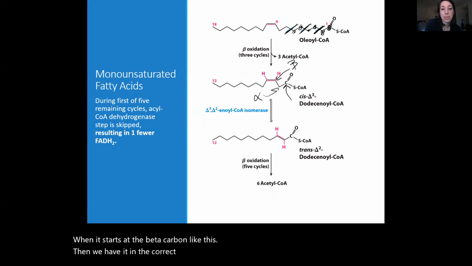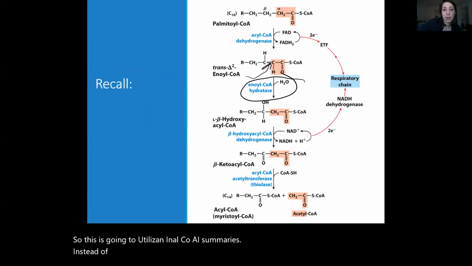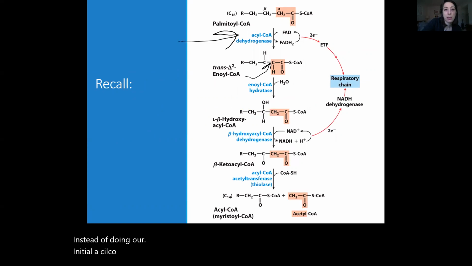The only problem here is that it is a cis double bond and not a trans double bond, which we need to put into our beta oxidation. So this is going to utilize an enol-CoA isomerase instead of doing our initial acyl-CoA dehydrogenase step, which we would if we had a saturated fatty acid.